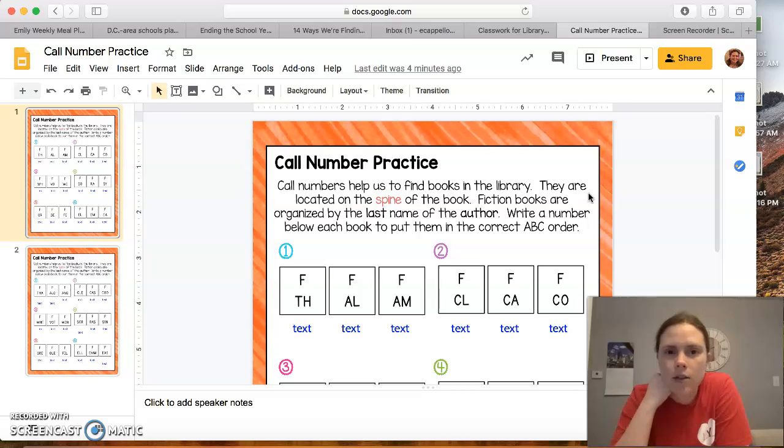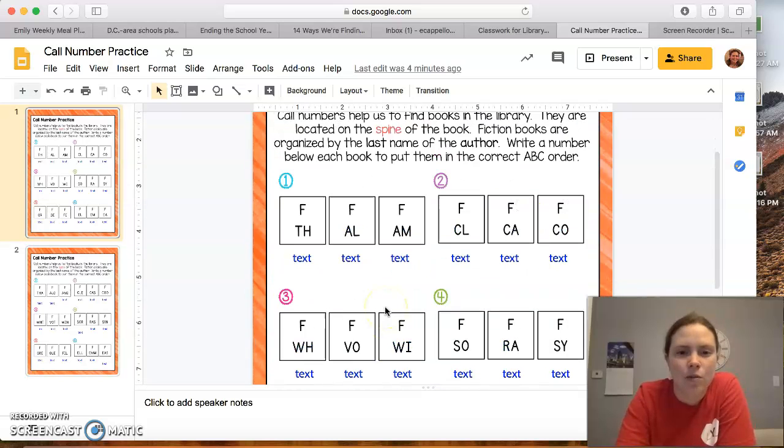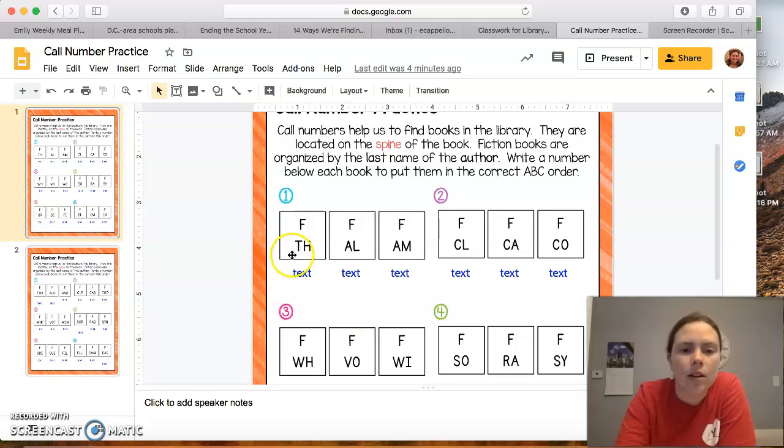So hopefully you guys all know the alphabet. I think by 5th grade you should probably have that mastered. But we are going to practice just putting these in order, first, second, or third. So they all start with F for fiction, and then you have to look at the second line, which will tell you the beginning of the author's last name. On this one, it's a little easier because they only have the first 2 letters.